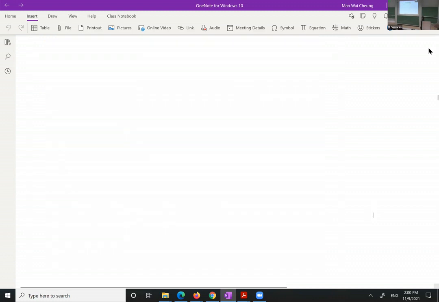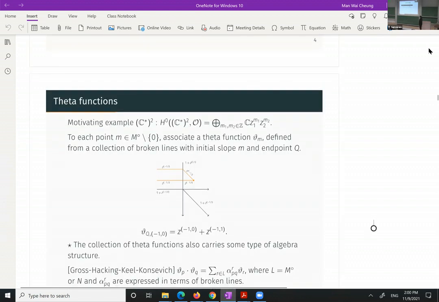Again, in this motivating example, all the functions on the torus come from linear combinations of these monomials, and multiplying different monomials also gives us another monomial, so the vector space spanned by those monomials gives us all the functions.